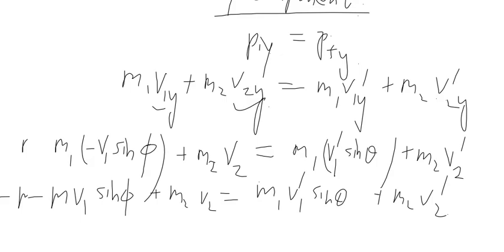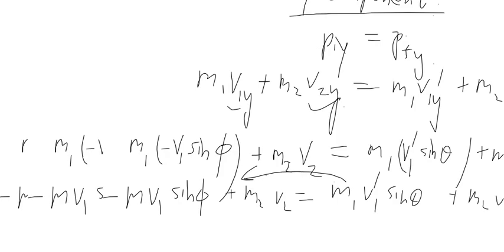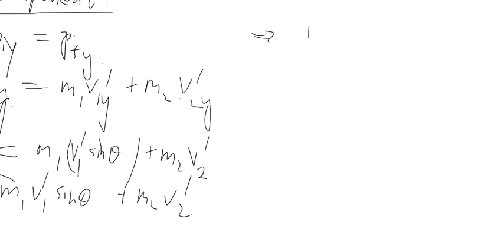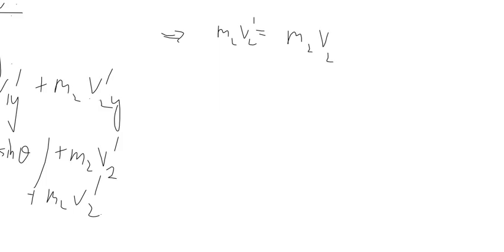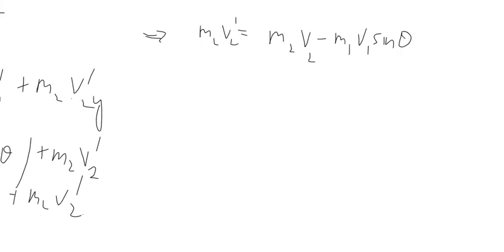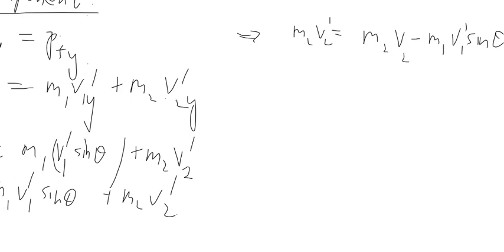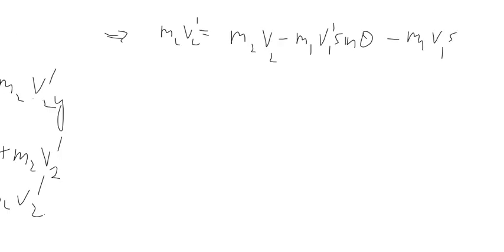Looking at the y component of the collision equation, rearrange everything: subtract m1 v1 prime sine theta from both sides. So m2 v2 prime is equal to m2 v2 minus m1 v1 prime sine theta minus m1 v1 sine phi.